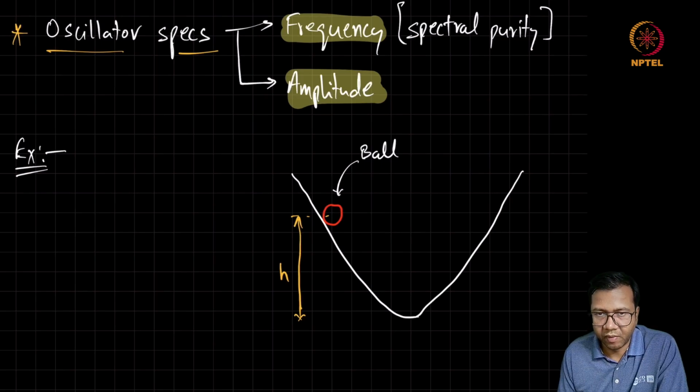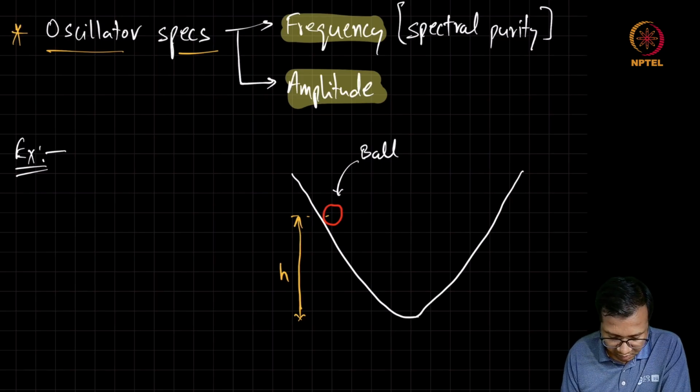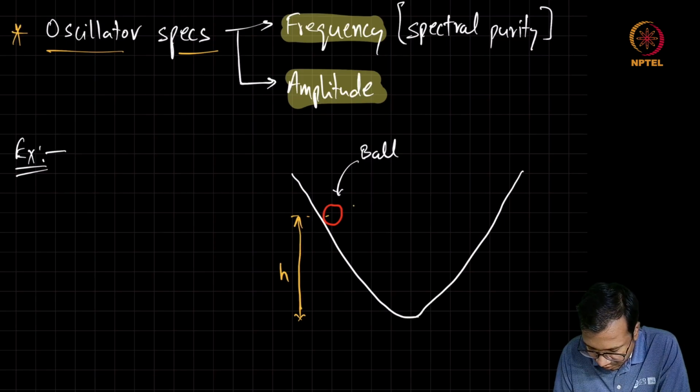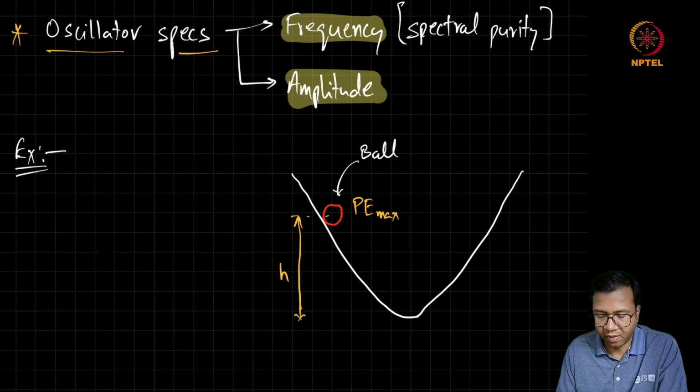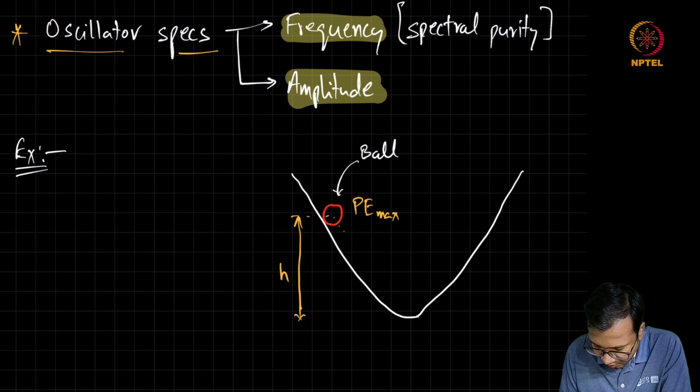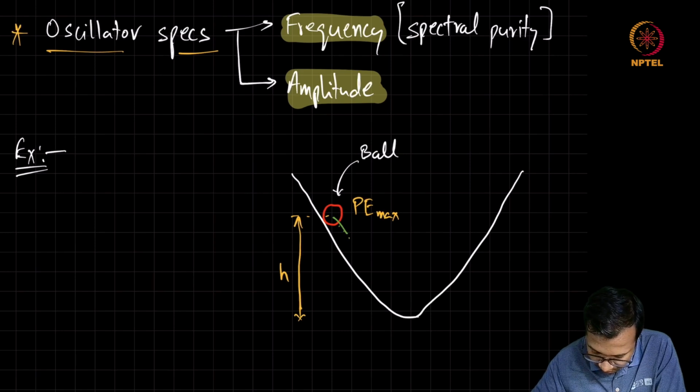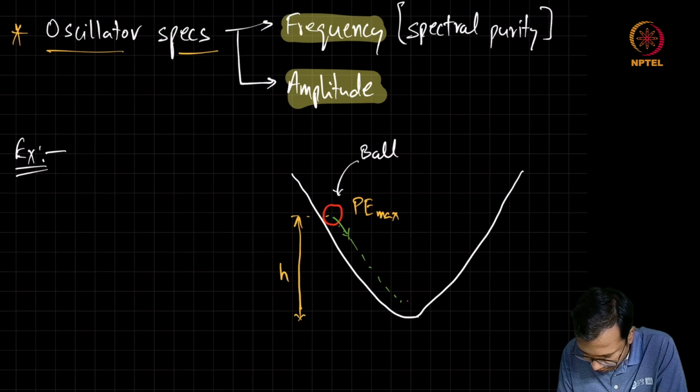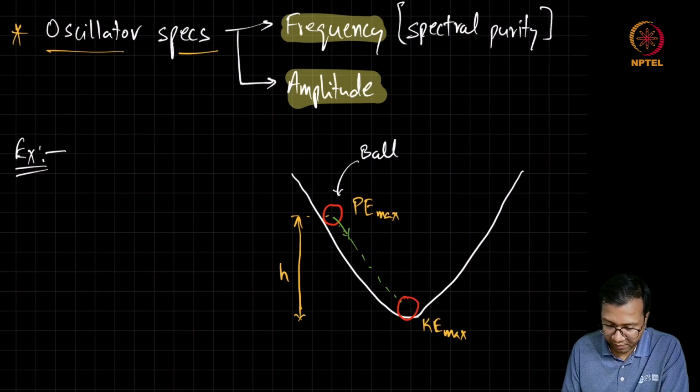If this ball is starting with a height h, under this scenario, it has maximum potential energy. Then this ball rolls down. Here it has maximum kinetic energy.